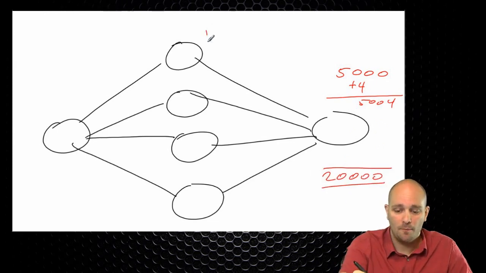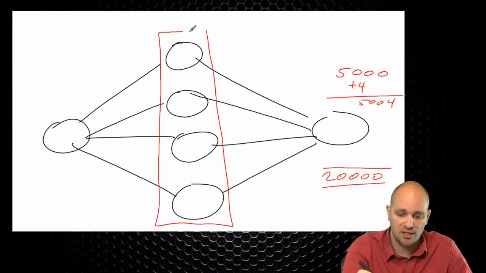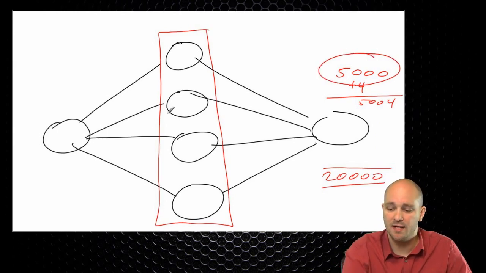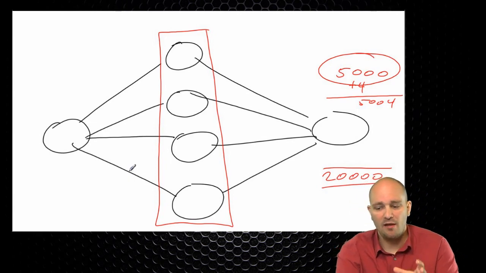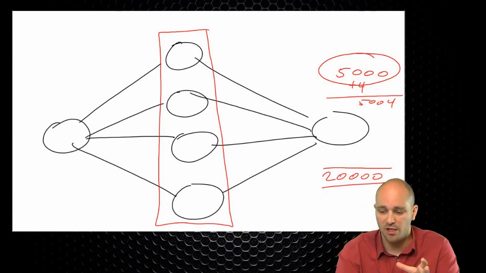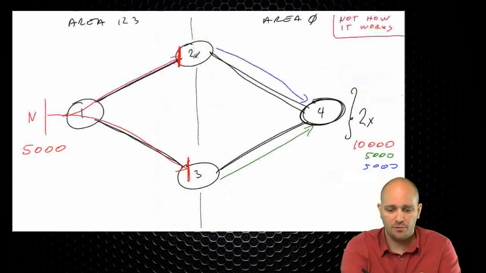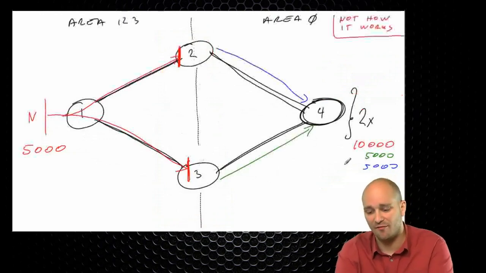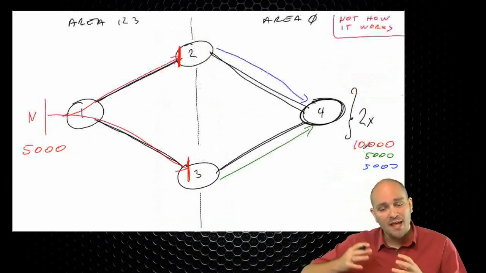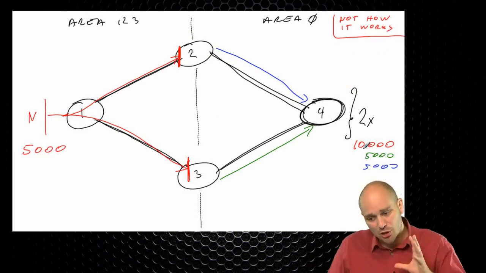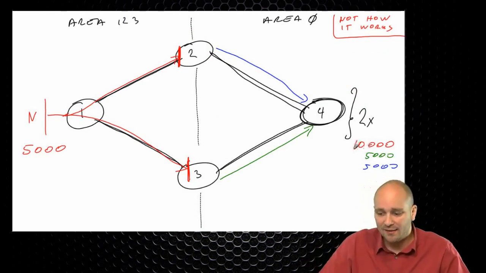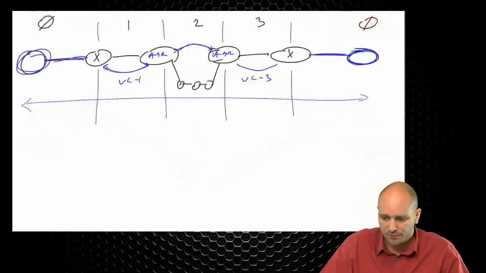You see how the number of ABRs here does not multiply the number of LSAs in the database. Now, if I used this approach here with 4 ABRs, I would actually have 20,000 LSAs for 20,000 routes. So I would be consuming much more memory in my databases. So that's the reason why type 4 LSAs propagate the way they propagate and not some other way.